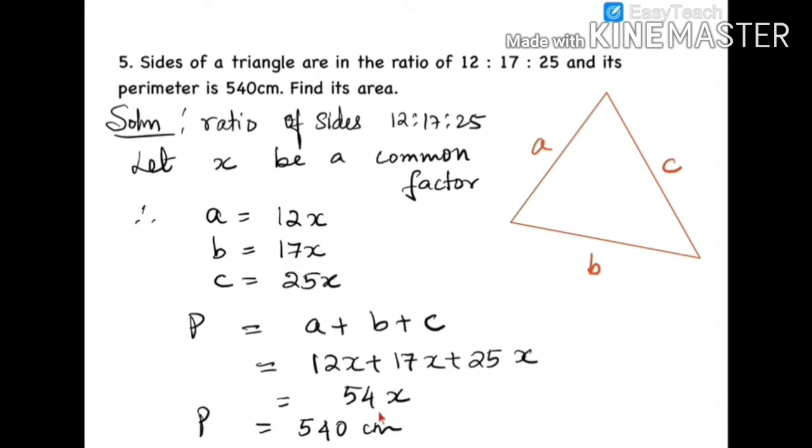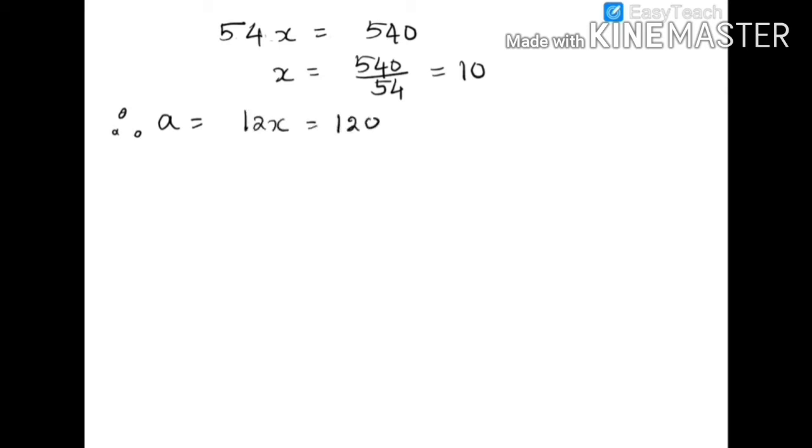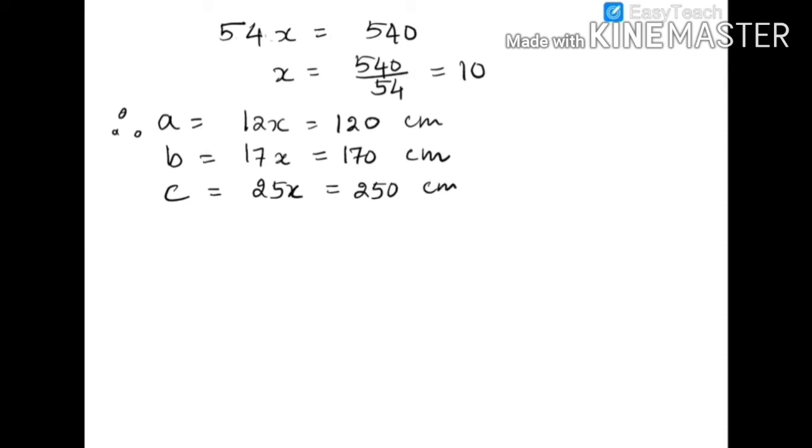So now we can equate these two and then find x. So 54x is equal to 540. So x is equal to 540 divided by 54, which is 10. Therefore, the sides of this triangle are 12x, which is 120 centimeters, B is 17x, so that will be 170 centimeters, and C is 25x, that will be 250 centimeters.